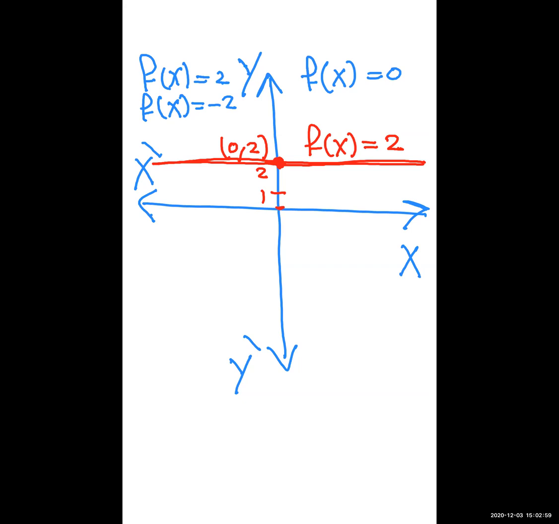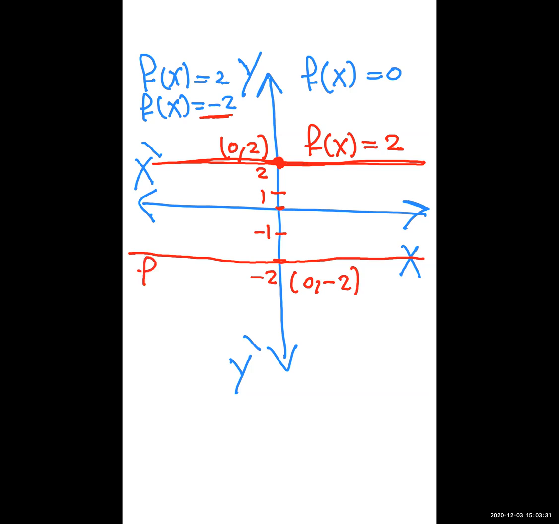If it's f of x equals -2, it will be the same. Where is -2 here? It will be a straight line parallel to the x-axis passing through 0 and -2. This one is -1, -2. I will write it below the point like this. So one straight line passes through 0 and -2 and is parallel to the x-axis.